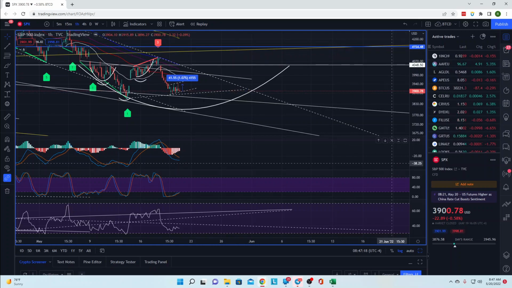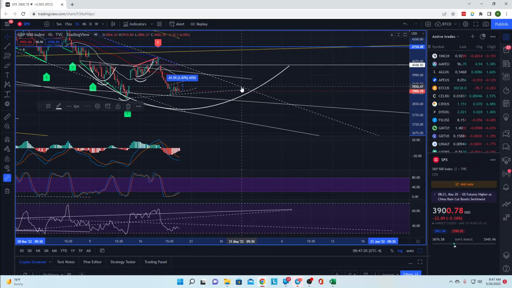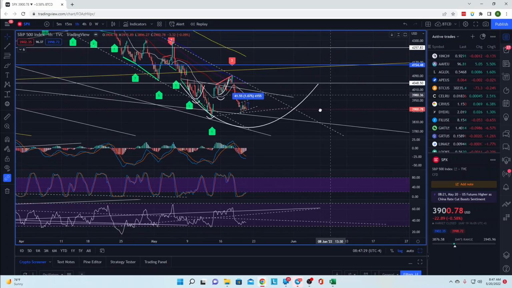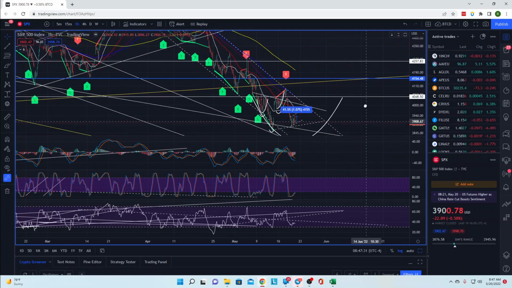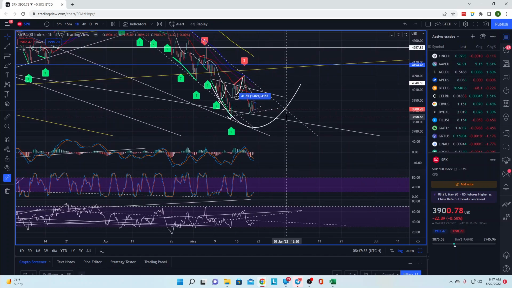And that would make sense if it gets stopped out here. Then it would make sense that it's going to roll over and continue down. If it breaks beyond this line, then honestly that could be the recovery that we're waiting on, or at least feasibly speaking. Again, it could come up here and get stopped out, but I don't know.